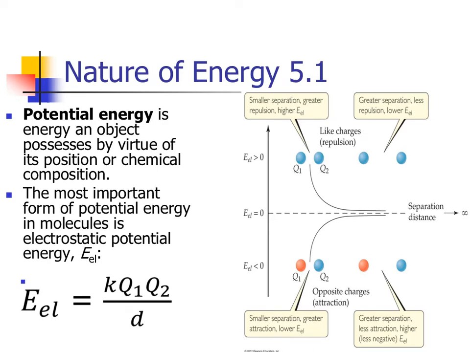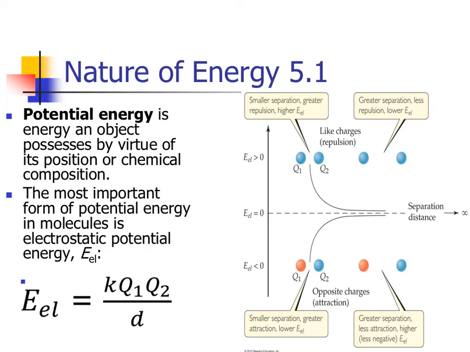In physics, we will talk about potential energy usually dealing with gravity, but because we're in chemistry, we're going to talk about the electrostatic potential energy that objects have based on their proximity to each other. And some of that comes from the type of molecule or the charge that the molecule has.